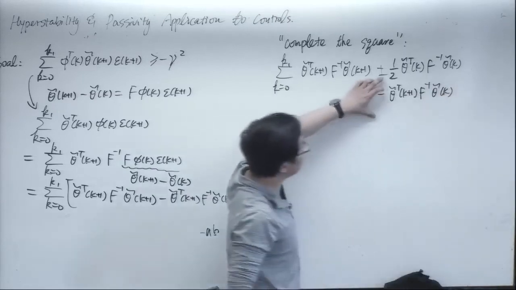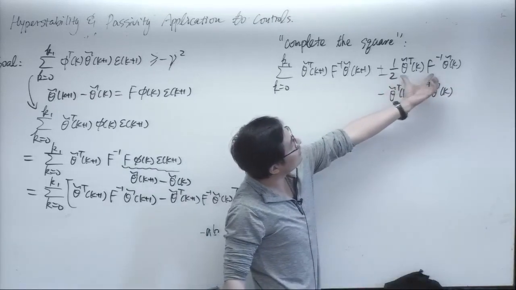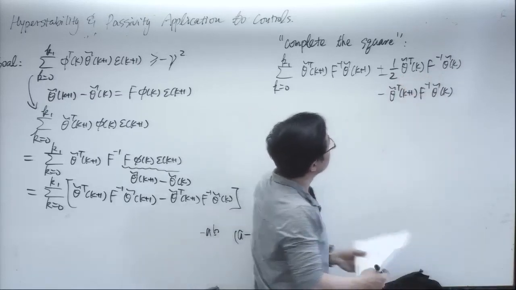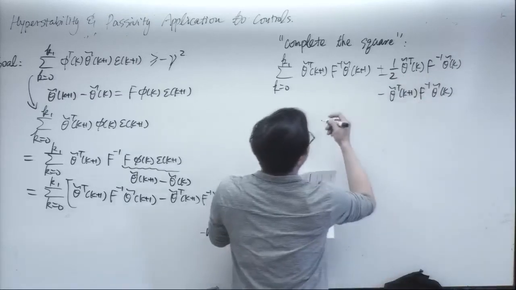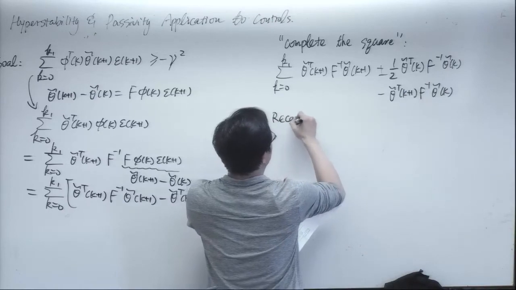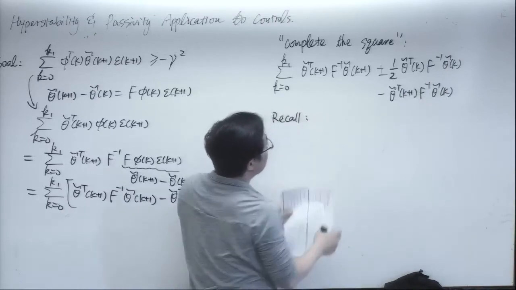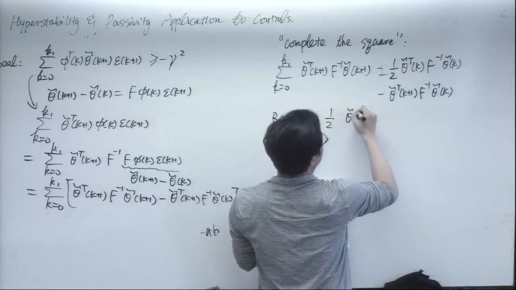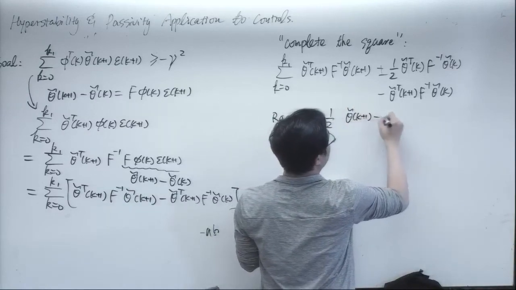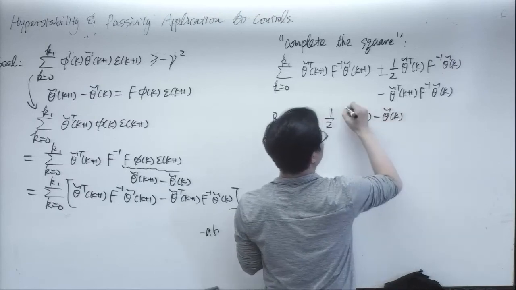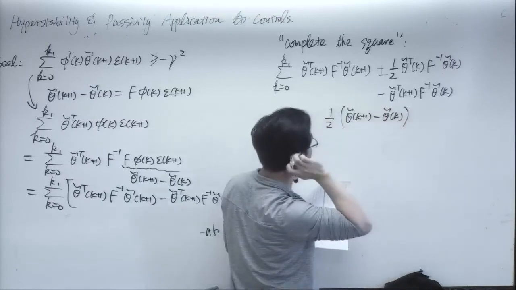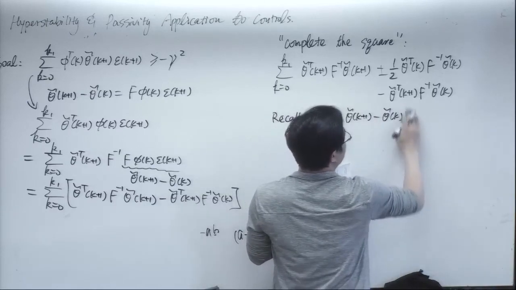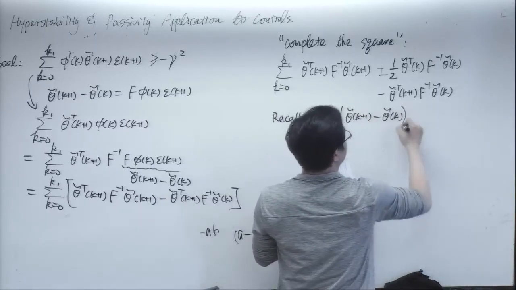So I added and subtracted a quadratic function about theta tilde k, because in this way I can create this square term. So I can see that if I have half of theta tilde k plus 1 minus theta tilde k square, I'm going to use this is the vector case. So I'm going to do this.